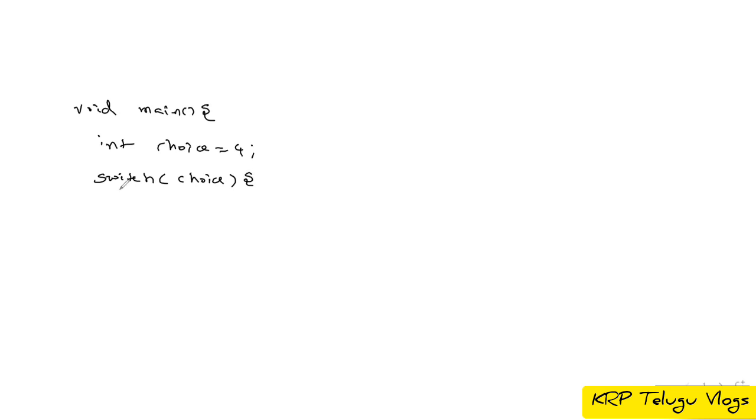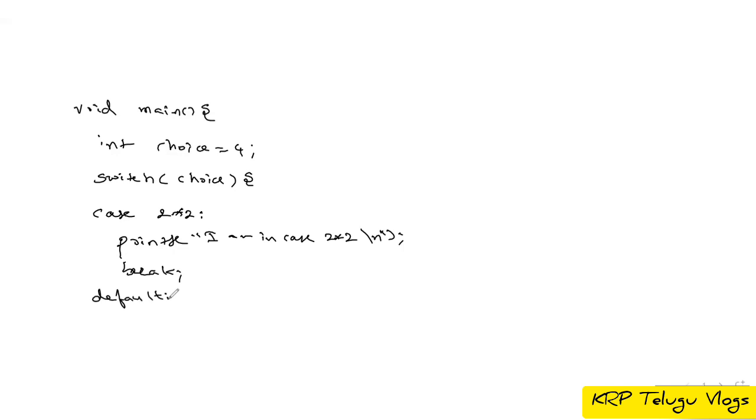Case 2 into 2: printf, case 2 into 2. Break. Default: printf, default. So what is the output it will print?